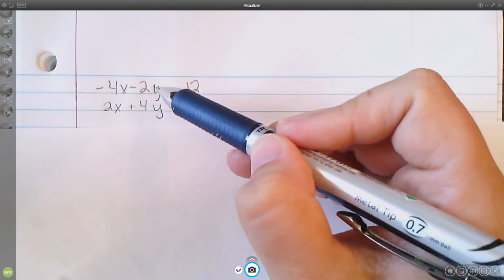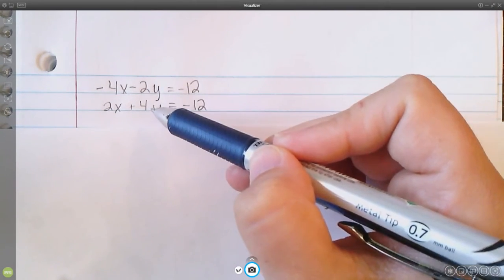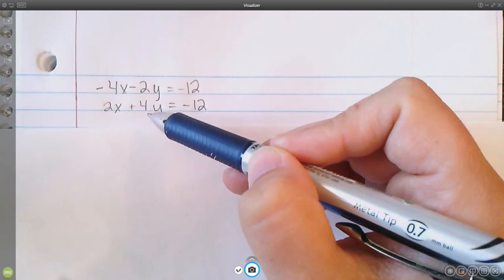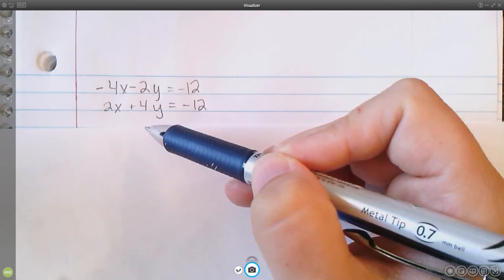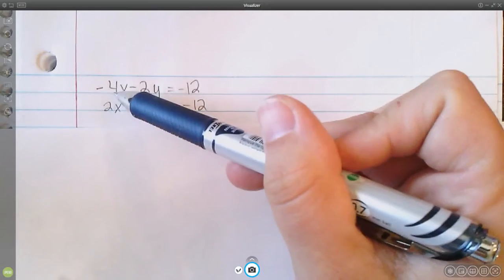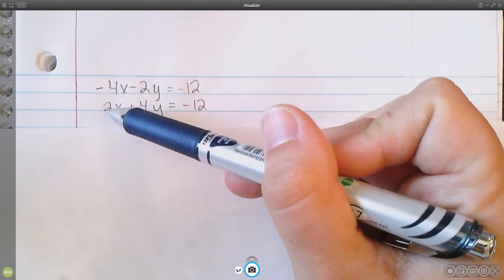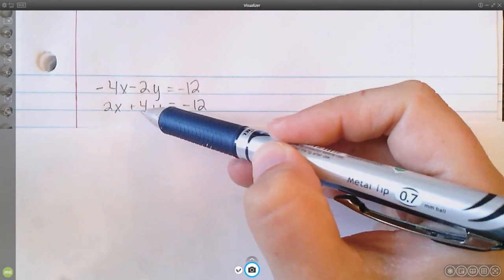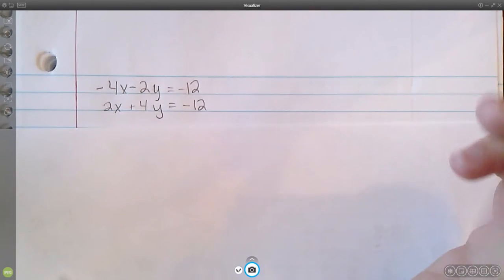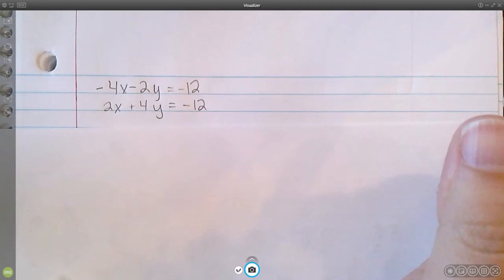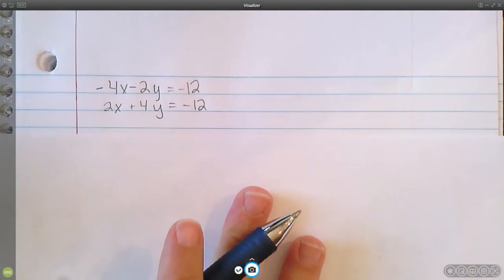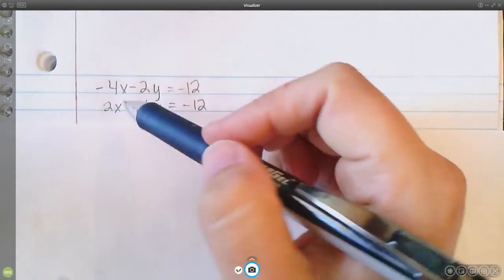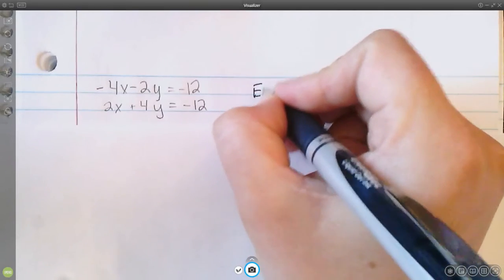And here we have a negative 2 and a 4. Well, those aren't the same number. So in order to eliminate, we need to make either these two numbers the same with opposite signs or these two numbers the same with opposite signs. So you can pick x or y. It does not matter which one you do. So just for this sake, let's just say we want to eliminate.